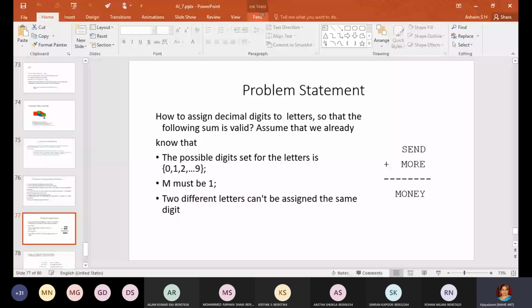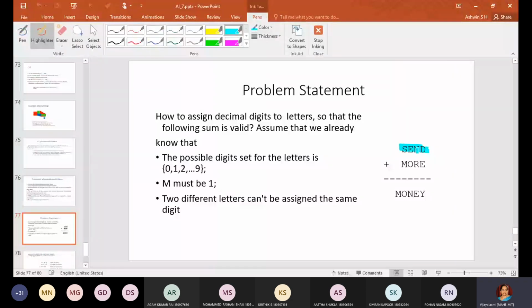See here, this is the problem: SEND plus MORE is equal to MONEY. As I have told, it is some sort of puzzle, which we normally teach under game theory in artificial intelligence. Once we know how to solve it, we can draw the state diagrams and make the computer solve this problem using search techniques, and of course we have to make use of arithmetic knowledge also.